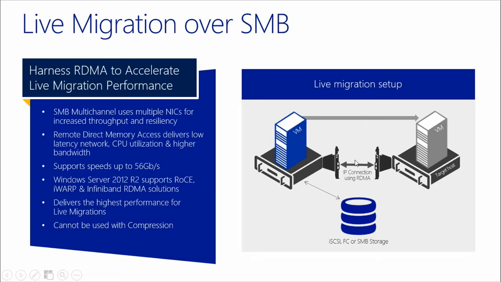But instead of sending the data from our first host to the second host, having it be processed in the kernel on the second host, and then figuring out where in memory this VM should be placed, we get that information ahead of time. So as we're triggering this live migration, we know exactly where it's going to be placed in memory directly. We're essentially able to bypass the kernel and the processing that happens on our second host to significantly speed up our migration times.